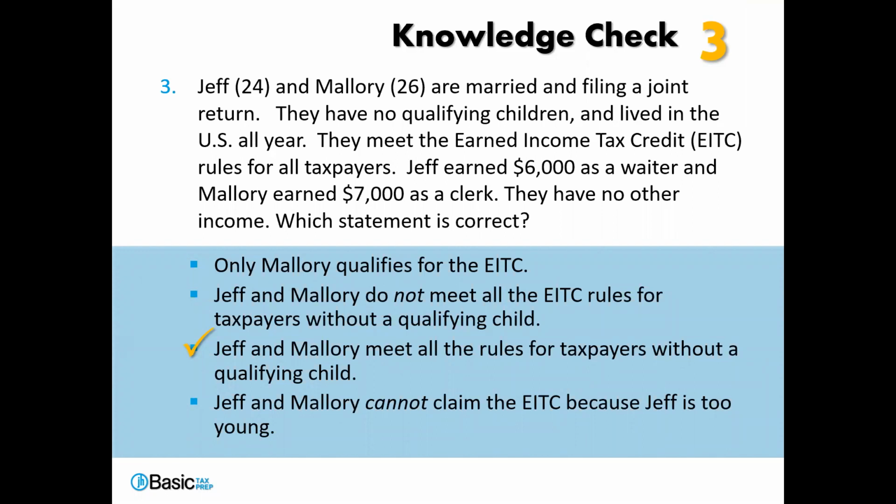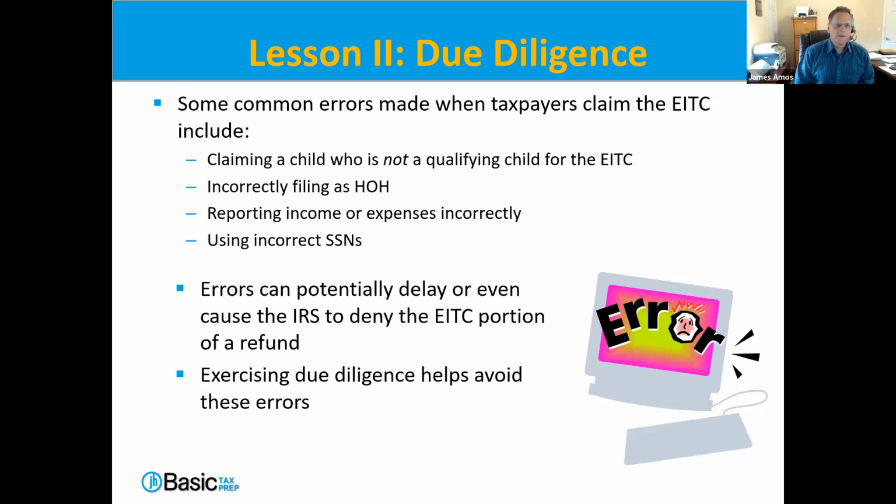That's what confused you guys. So either spouse, that's all it takes is one of you to be within the correct age range, and you both qualify since you're married filing jointly. All right. So those of you that missed that, does that help clarify? Either spouse has to meet that requirement.